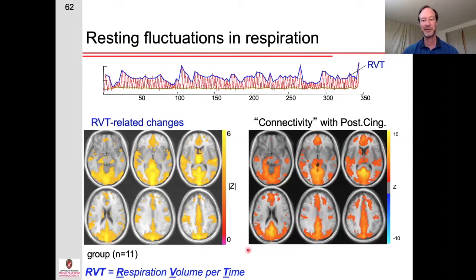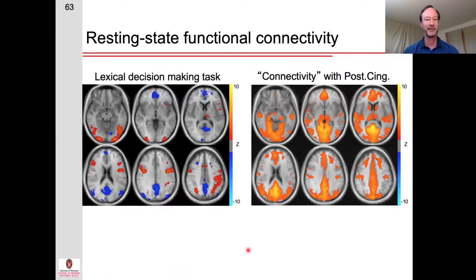And it made us realize that perhaps some of what we're seeing in this image on the right, the connectivity, was in fact looking at respiration-related changes. What we had expected to see is these areas in blue here from a lexical decision-making task. These are areas indicating the deactivation during this particular cognitively demanding task.